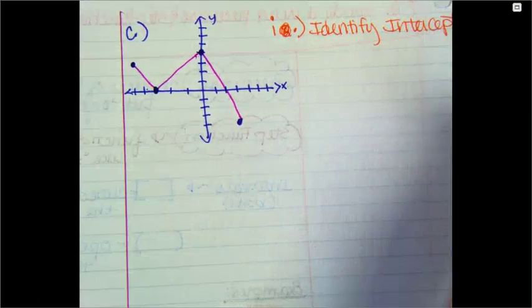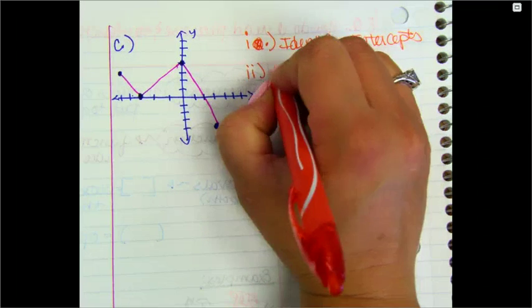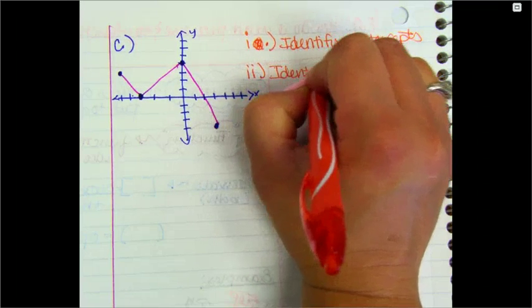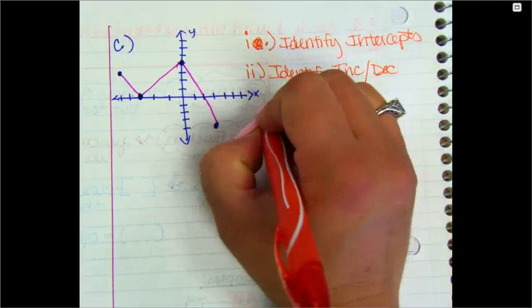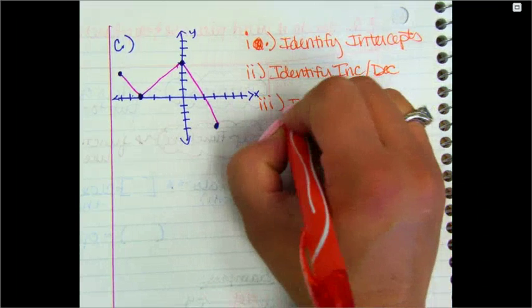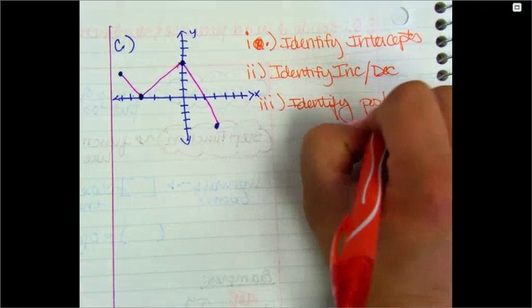So the first thing you're going to do is identify intercepts. Your directions are a little bit different. The second thing we're going to do is identify increase, decrease. Identify positive, negative.